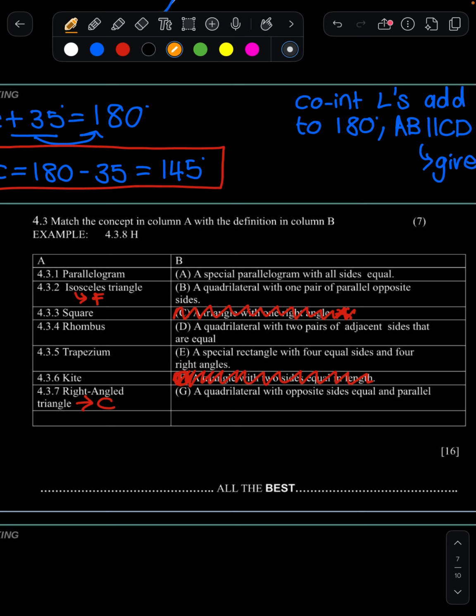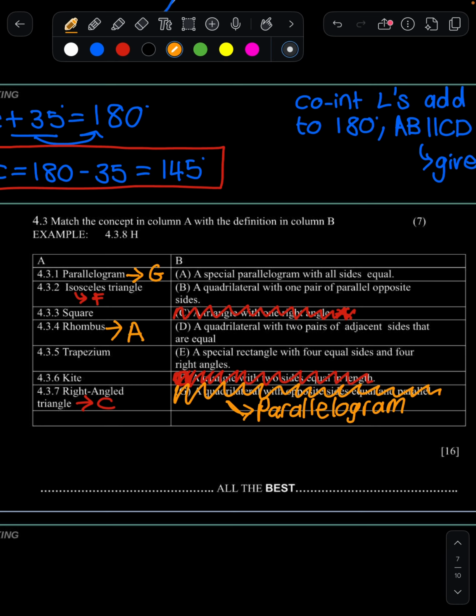Okay, so actually this one, quadrilateral with opposite sides equal and parallel, this is my parallelogram definition. So I'm just going to put that in there. So that is G. Okay, let's cross that out then. A rhombus is a special parallelogram with all sides equal. Okay, so this is A.